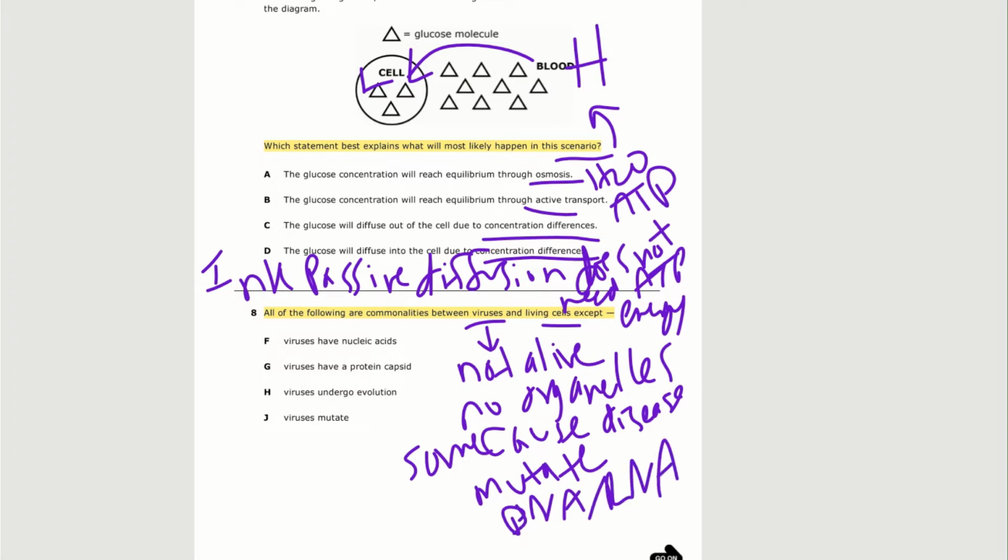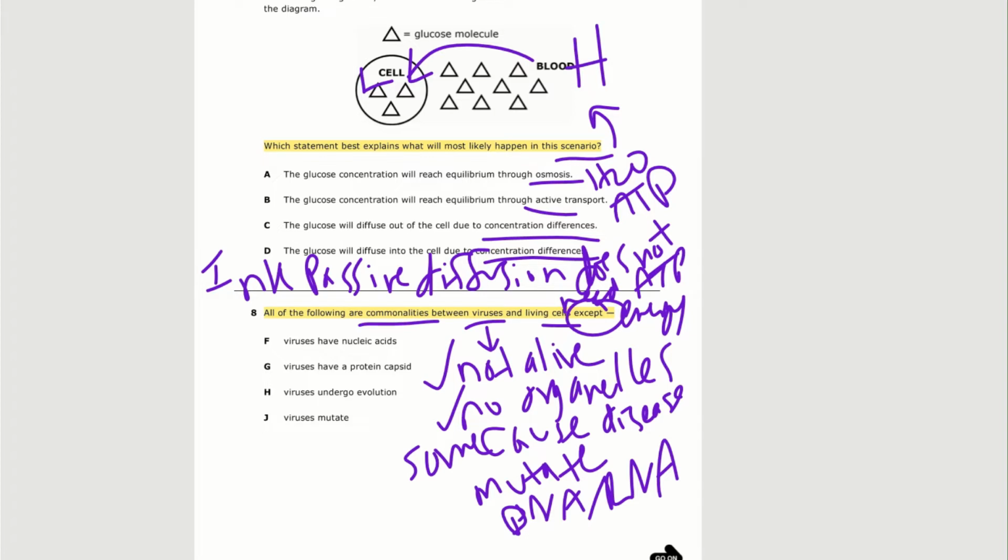Let's see what the answers say. So we want something that is different. So this is different. This is different. Then again, bacteria also have that, right? No organelles, membrane bound. Okay, viruses have nucleic acids. Would that be a difference? Because it says except, right? Common means similar.